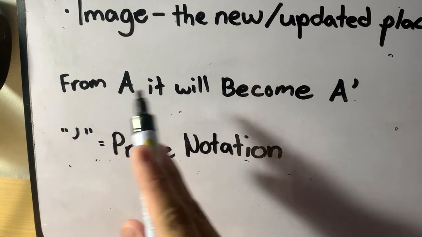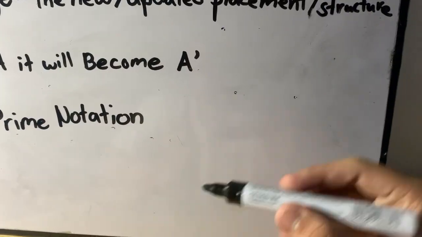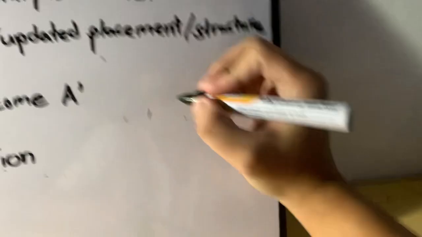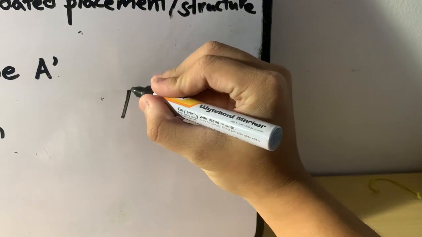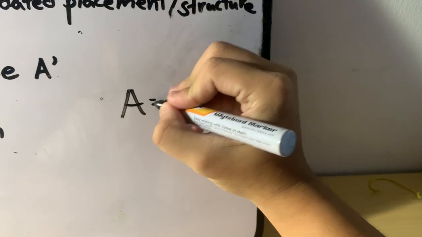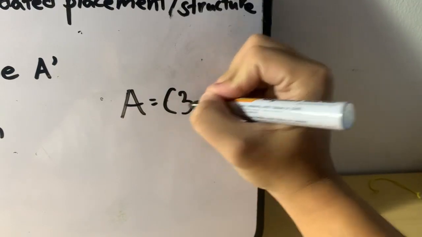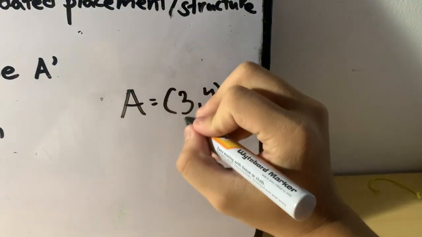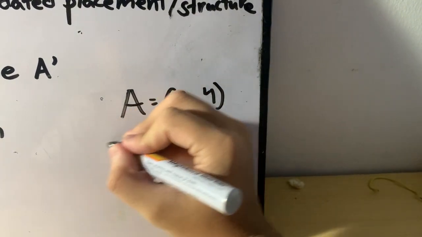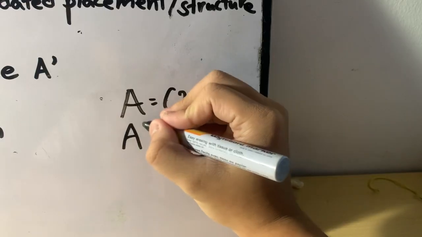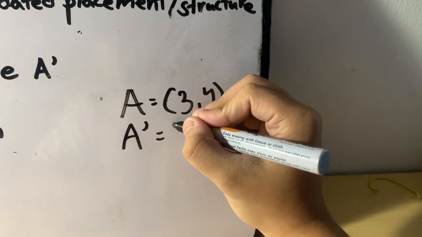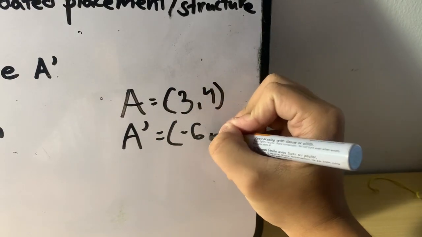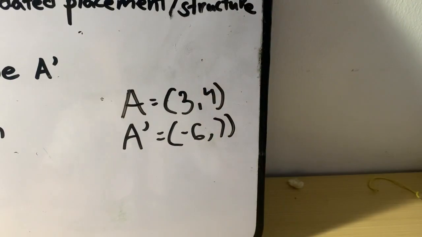For example, from A it becomes A prime. Let's write down: A equals 3, 4, and A prime equals -6, 7. Boom, you got it.